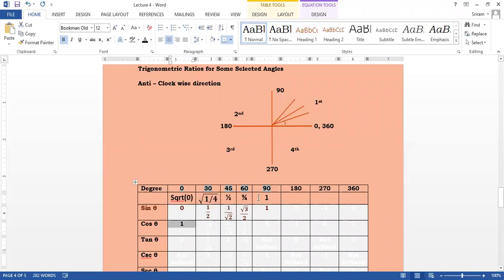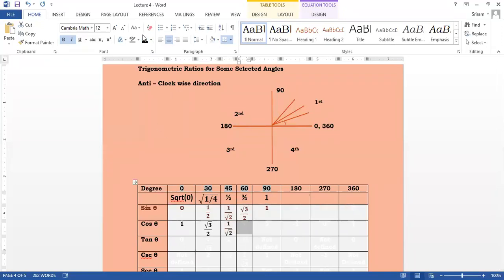Here 60 and 30 are the complementary angles. So cos 30 will be opposite of sine theta. This is √3/2. Cos 45 will be 1/√2, same, because 45 plus 45 is 90 degrees. Then cos 60 is the reciprocal of 30.